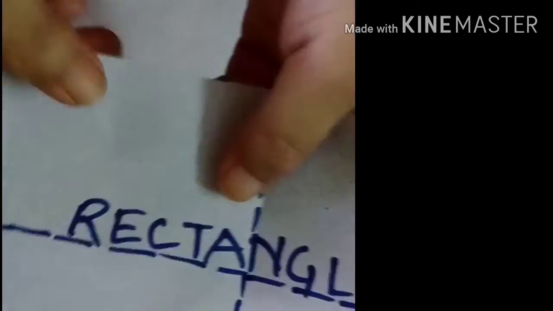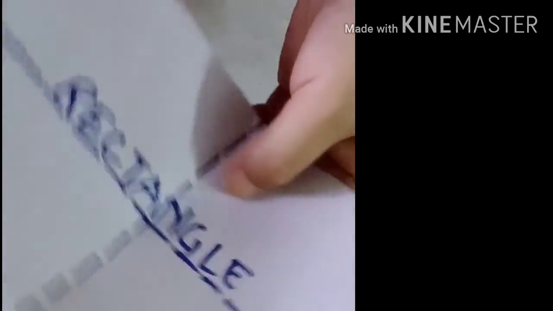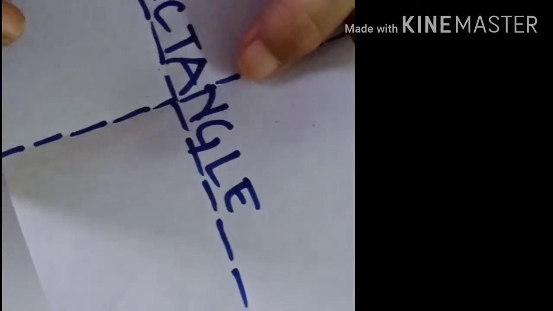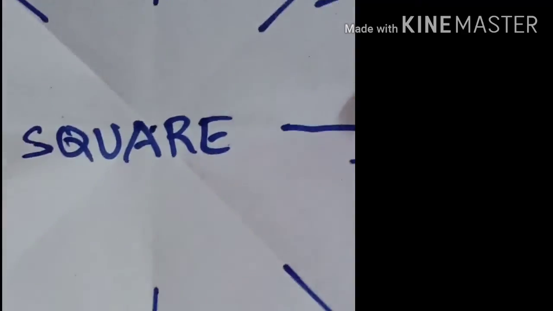When we take a rectangle, we fold this rectangle into two halves, either vertically or horizontally, and we are getting two straight lines. So a rectangle has two lines of symmetry. When we take a square, we can fold this square in four ways: horizontally, vertically, through this diagonal, or through this diagonal.